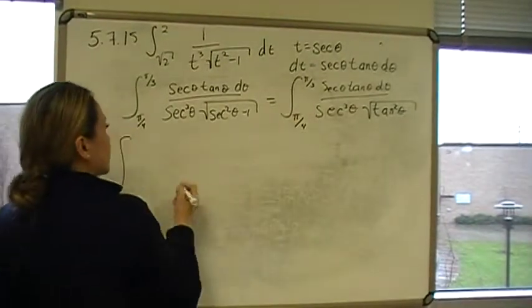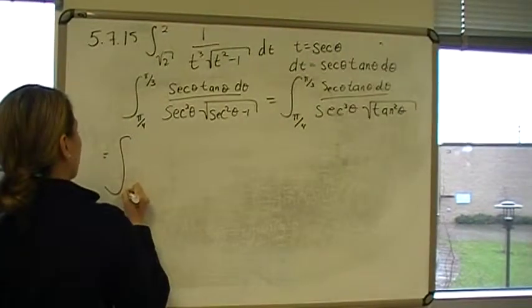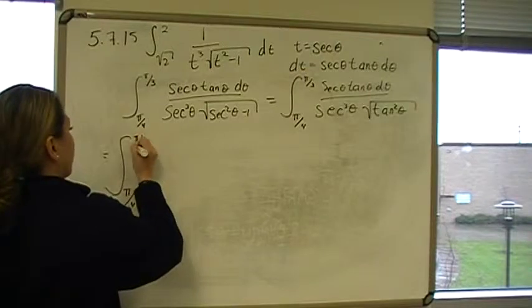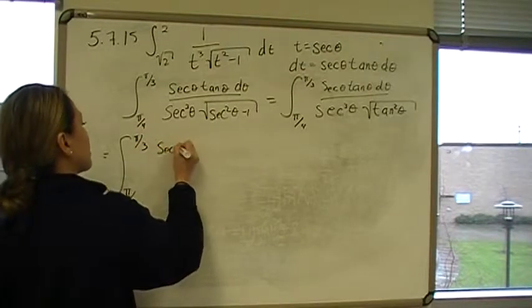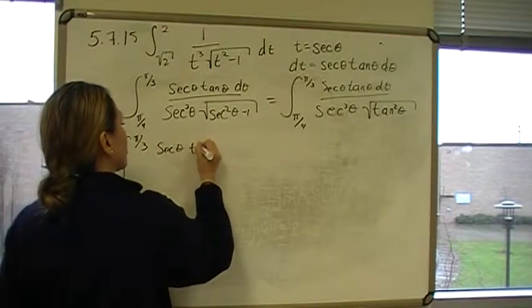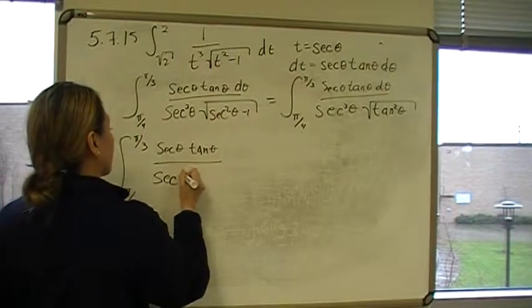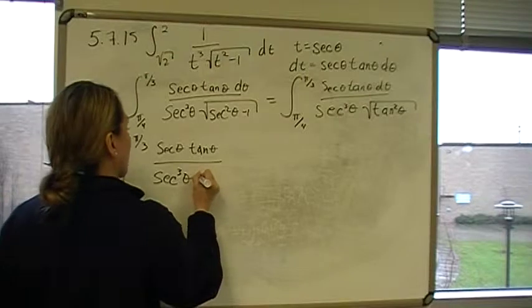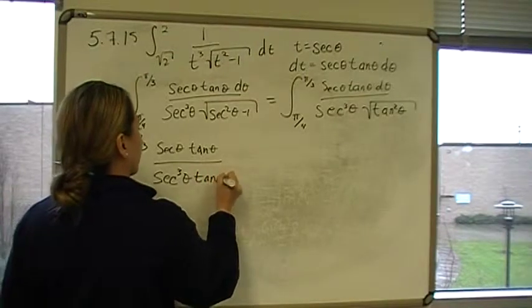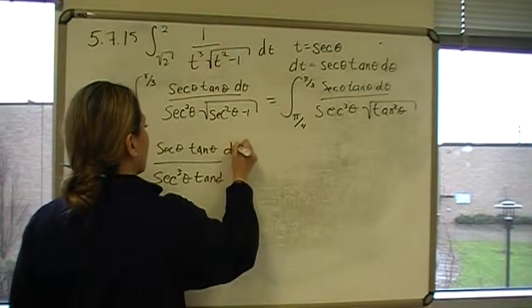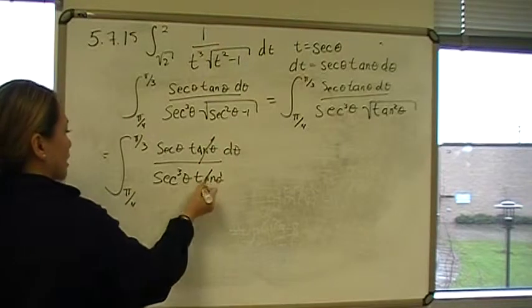That's just going to be tangent theta. So we have, from pi fourths to pi thirds, secant theta tangent theta over secant cubed theta times tangent theta, d theta. The tangent thetas cancel out.